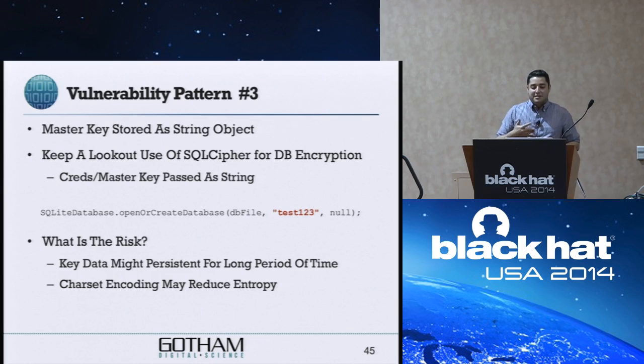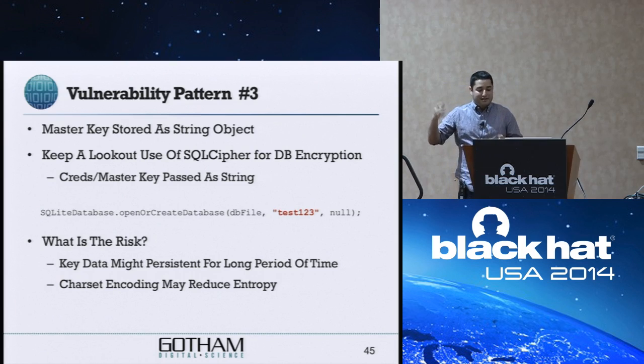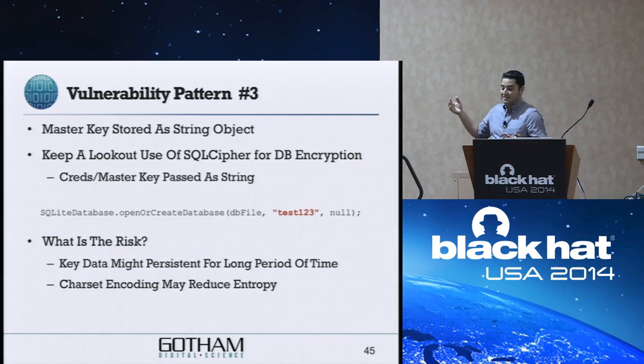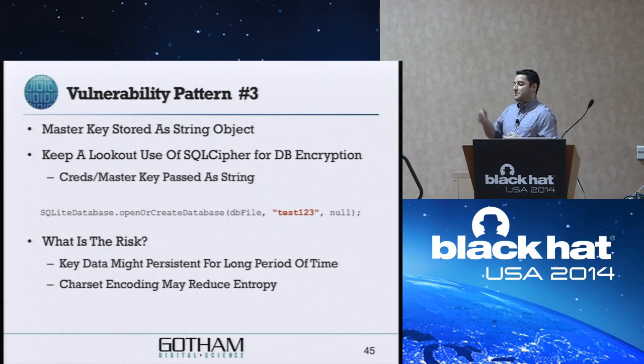And the problem with SQLCipher is that if you look at the function there, the second parameter is going to be the passcode that's used to derive an encryption key and protect that data. So now you're passing in some secret as a string, and there's a high potential that they're probably going to reuse the same master key that's used to protect all the data as that value.